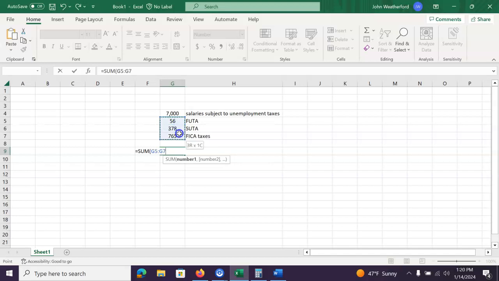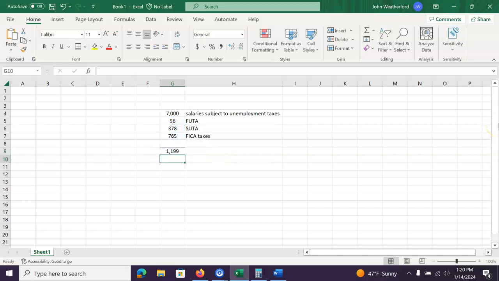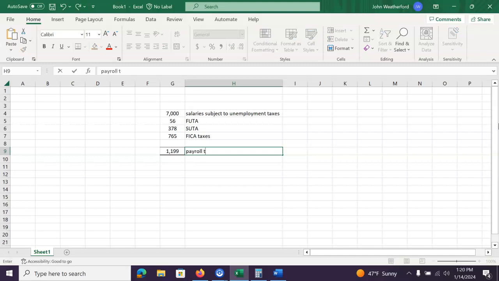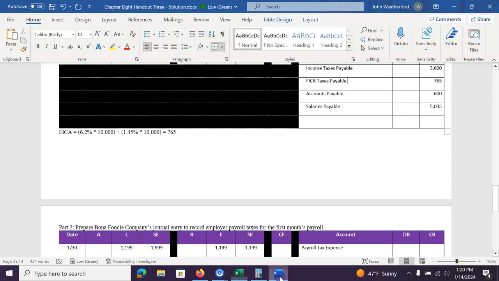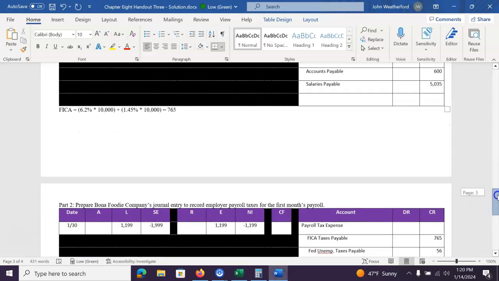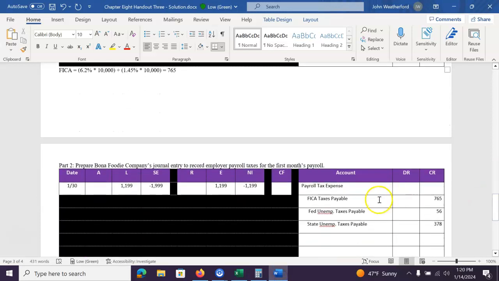Let's total these three. And that should give us our debit to payroll tax expense. $1,199. All right, so we credited FICA tax payable for the $765, federal unemployment tax payable for $56, and state unemployment taxes payable for $378.